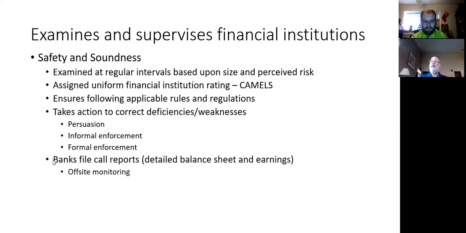Besides examinations, the banks are also required to file call reports. What these are are detailed balance sheets and income statements and other information that tells the public what condition they're in. These call reports are public information. You can go on to the FDIC website, go to the right section and put in your bank's name, and you'll get all the financial information that the bank has published in their call report for you to look at.